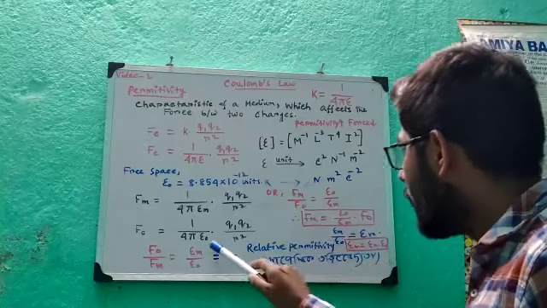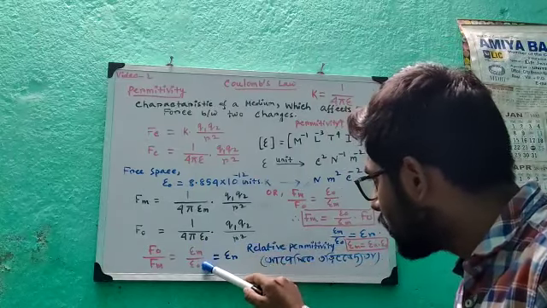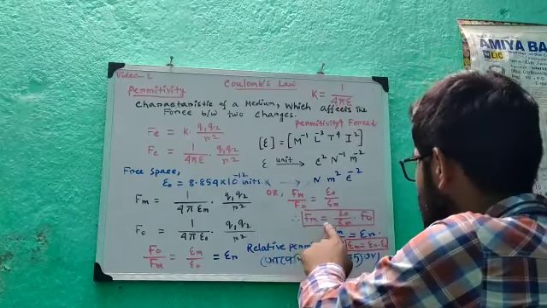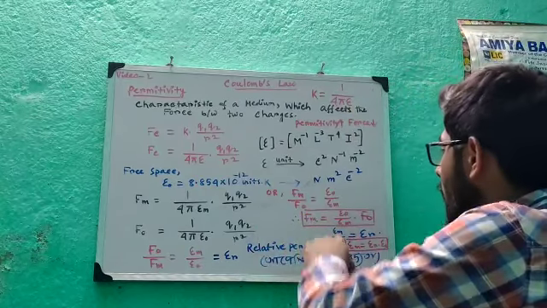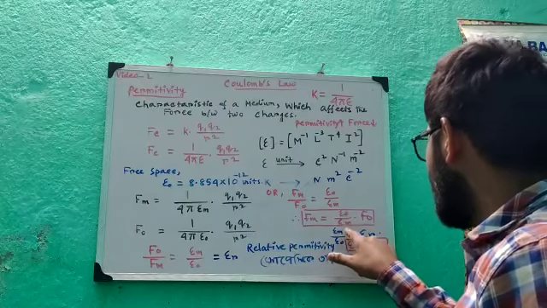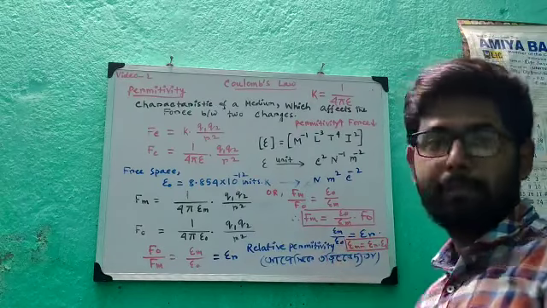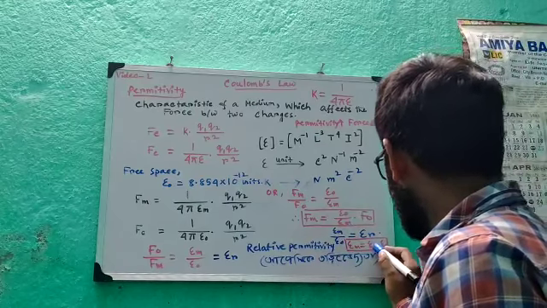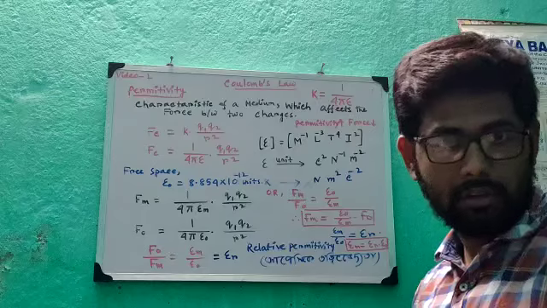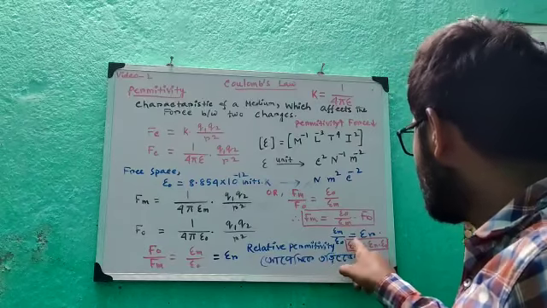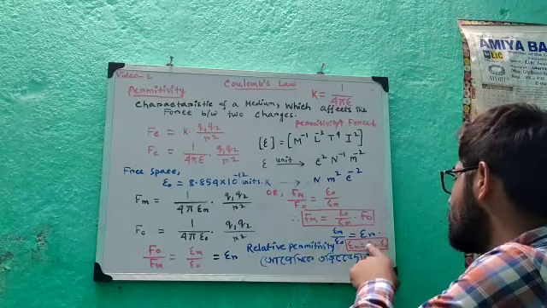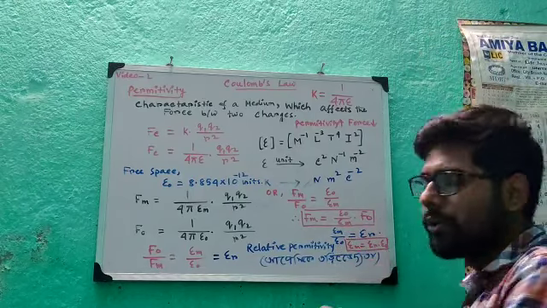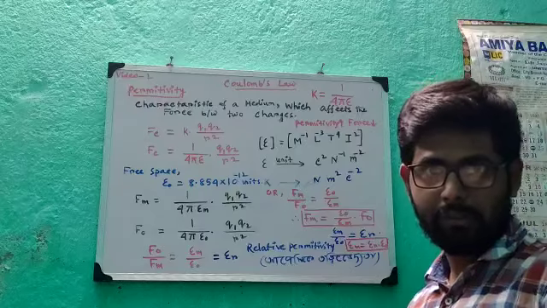And we know epsilon m upon epsilon naught is equal to epsilon r. We have written it here separately, and we can easily write epsilon m, the permittivity of a certain medium, is equal to epsilon r into epsilon naught. That means the permittivity of a certain medium is equal to relative permittivity into permittivity of free space. Thank you.